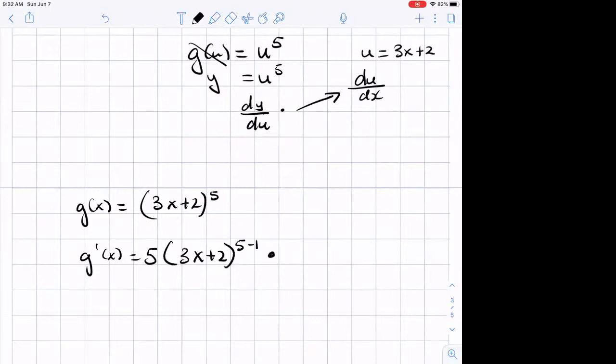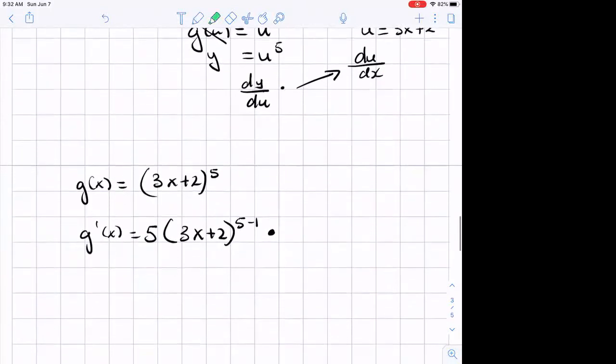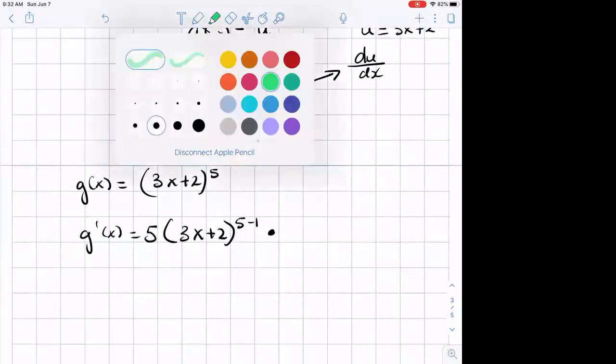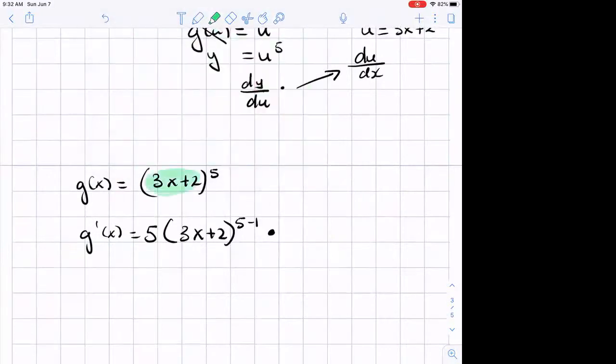But don't forget, we have something in here, okay? We have something here that we didn't take the derivative of. So the derivative of that part on the inside would be 3. This is the derivative of this. Okay?